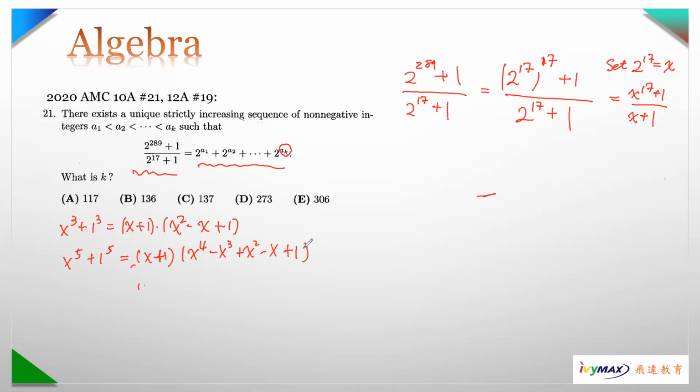In order to cancel out all the internal terms, the second big factor should alternate, plus and minus. Following the same pattern, we know that x to the power 17 plus 1 over x plus 1 can now be rewritten as x to the power 16 minus x to the power 15 plus x to the power 14, and so on, down to minus x plus 1.